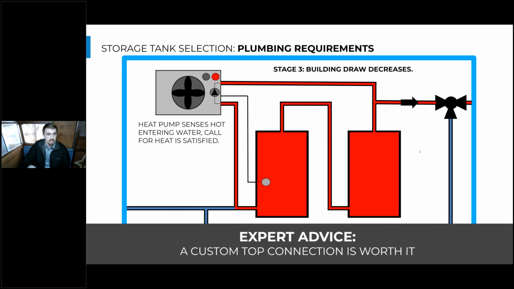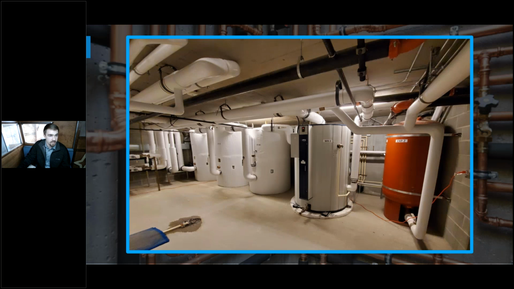So applying this to our system at Jackson Apartments, here are all of these tanks plumbed in series, one after another. So you see the cold water coming into the bottom of this tank on the left, and then the hot water coming from the heat pump is going to be entering the top of the tank on the right. And then from there, it's going to go out to the mixing valve and go satisfy the building.